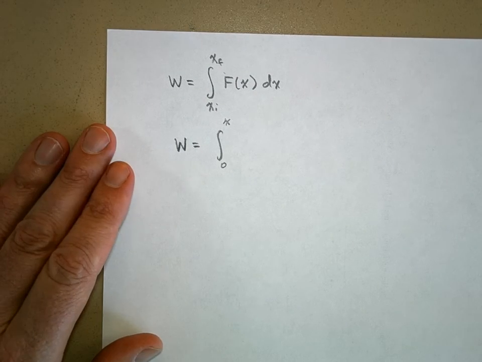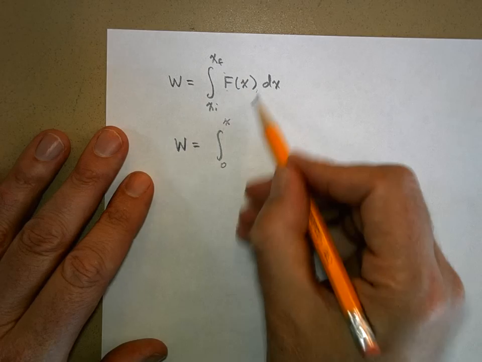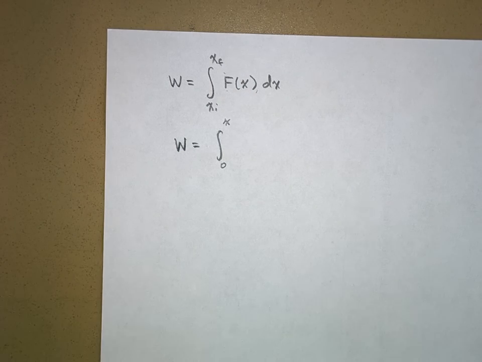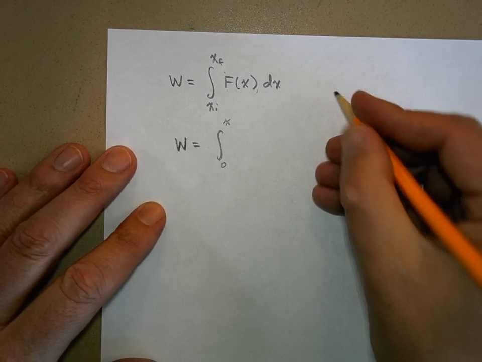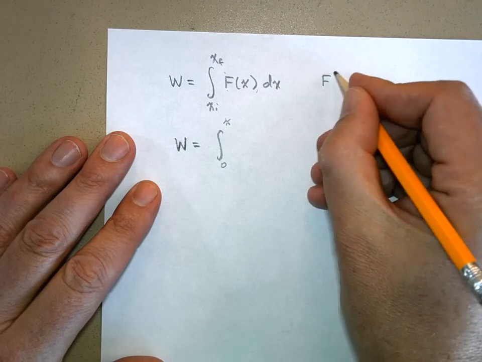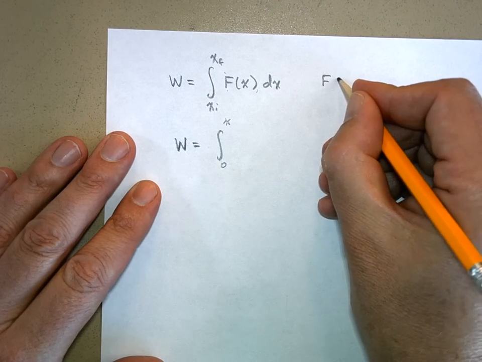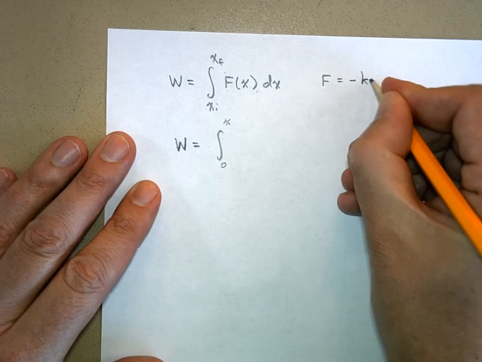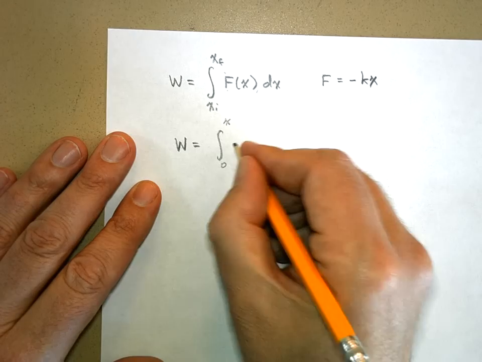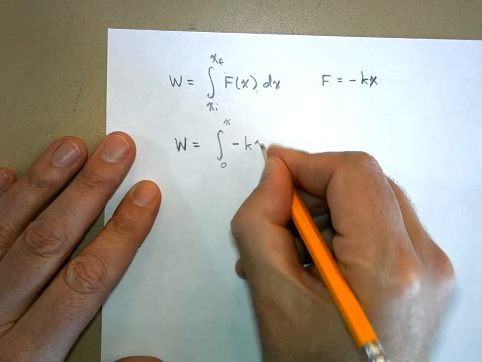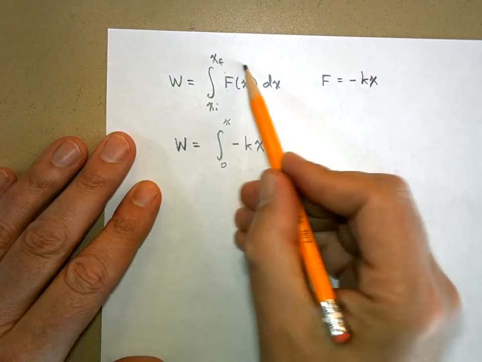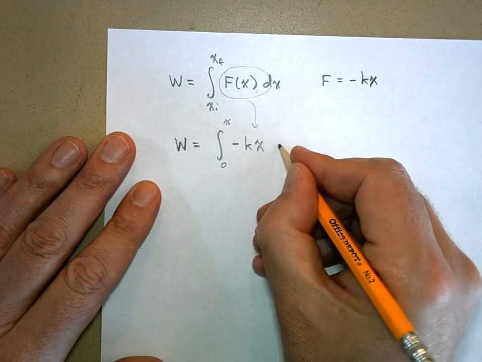Now we have a function for f of x. We said Hooke's law, our force is equal to negative kx. So here's this, integrated with dx.